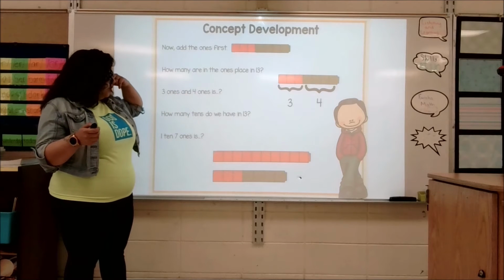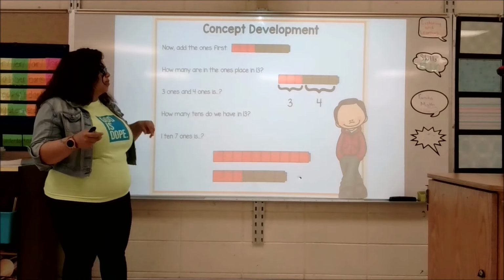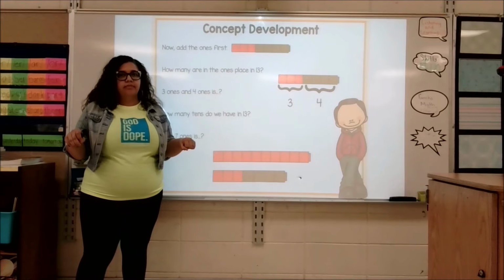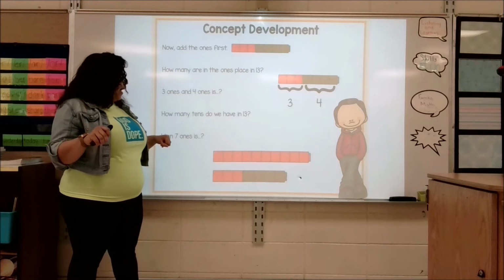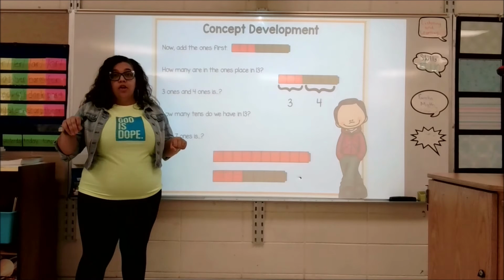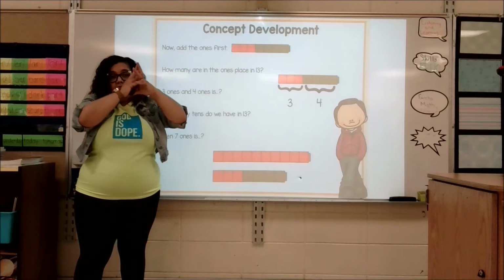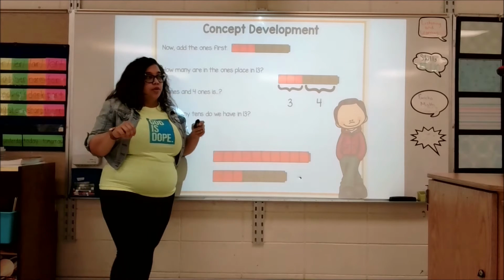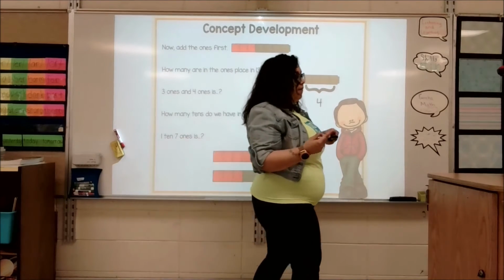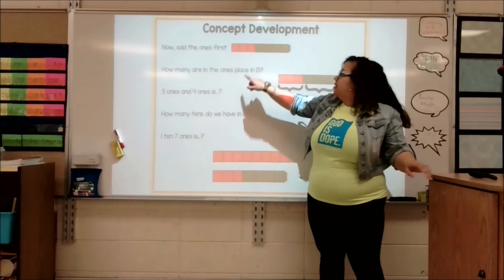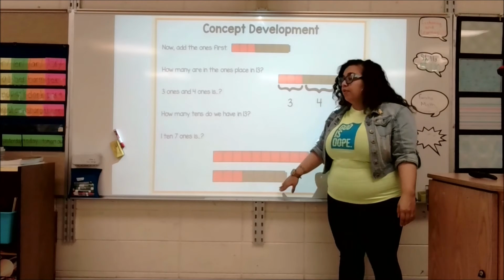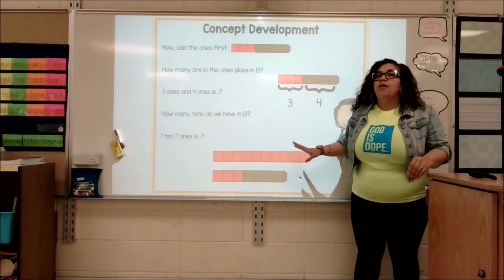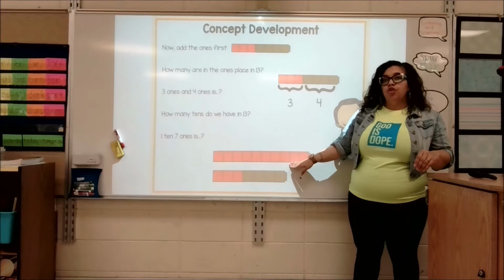Now, my next question to you is, how many are in the ones place in the number 13? 3 are in the ones place. Excellent. So if we have 13, a 10 and 3 ones, and we want to add 4 more, we already established that 3 and 4 is 7, correct? So 3 and 4 is going to remain 7, and we're going to include that group of 10.